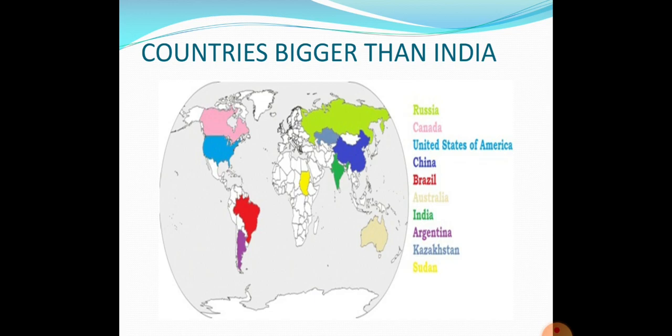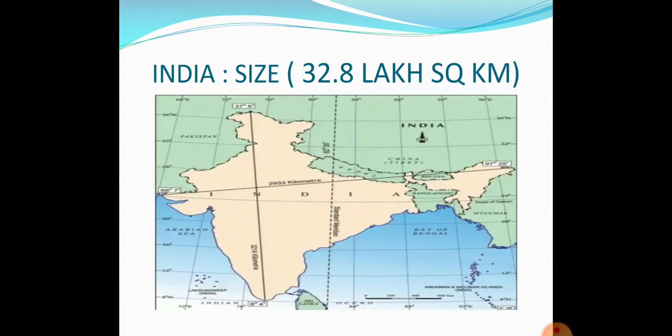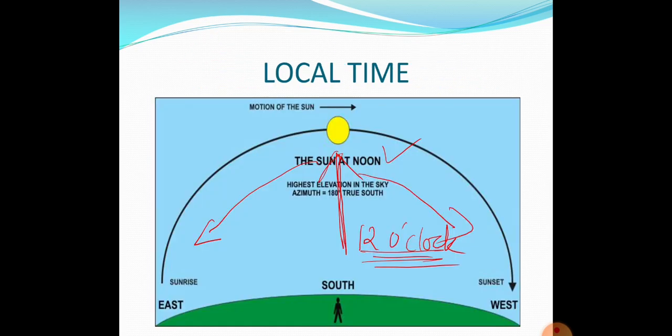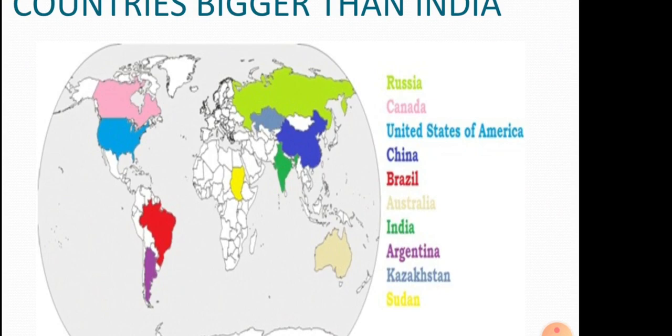Now India is geographically 32.8 lakh square kilometer, but there are six countries larger than India. India is the seventh one.